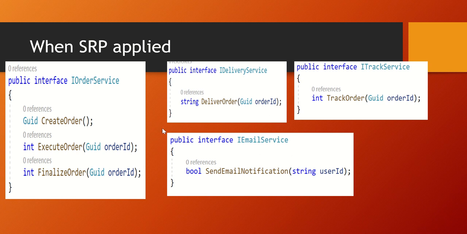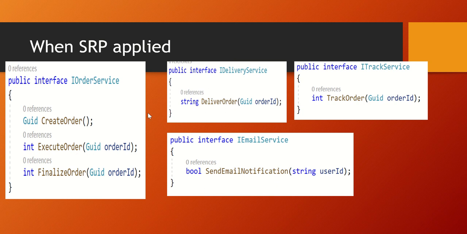So when you apply the single responsibility principle, I get these simple, smaller, much clearer and very functionality oriented small classes. That is, IOrderService is only dealing with the order, which is create order, execute order, finalize order. A delivery service only deals with the delivery of the order with the order ID. See the relationships now.